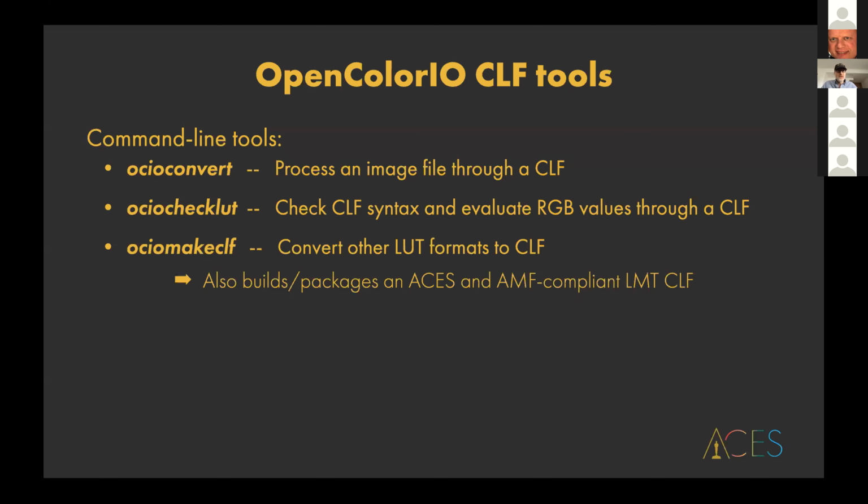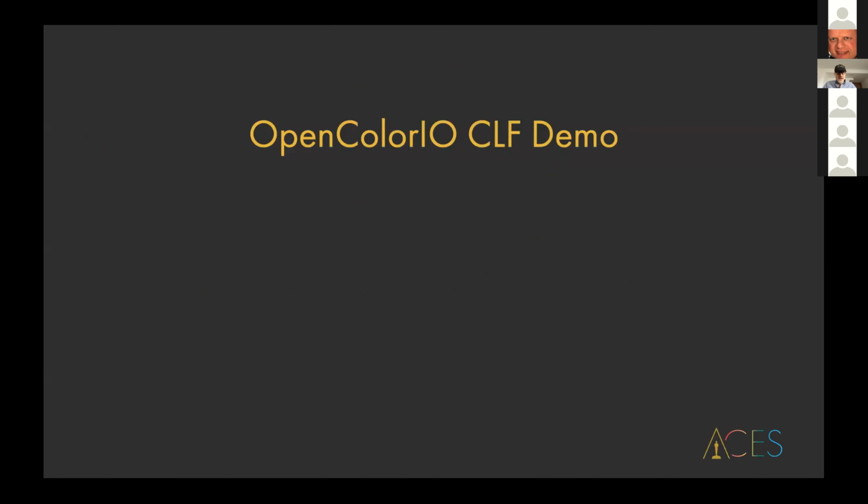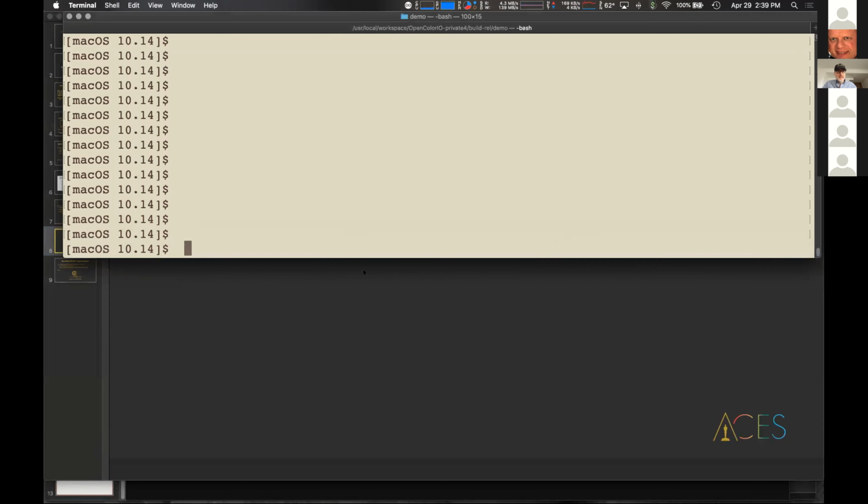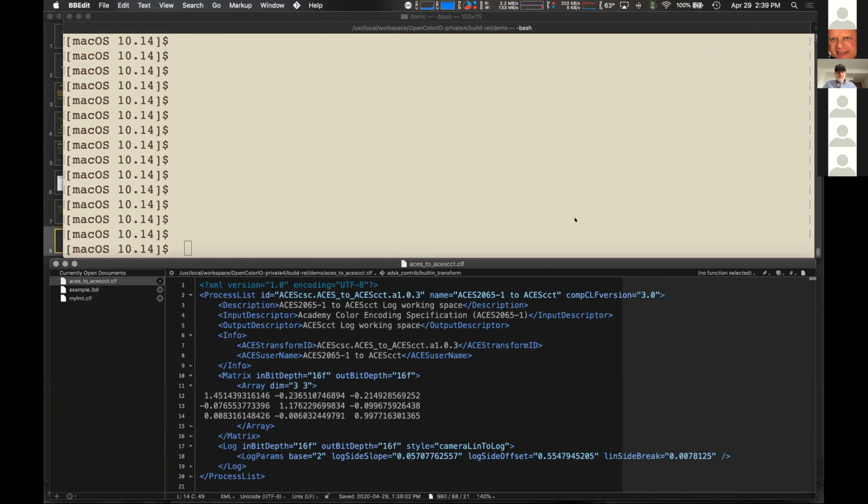It will also do what I was just talking about on the previous slide, packaging a traditional LUT into an ACES and AMF compliant LMT CLF file. So I'm going to switch over to do a demo, and I know command line demos are not the most exciting thing, so I'm just going to give you a very quick sense of how this works.